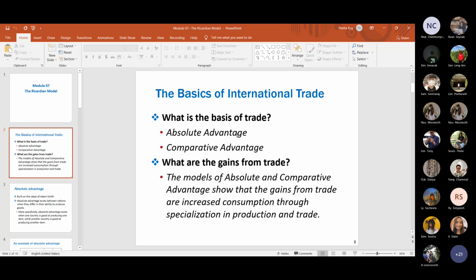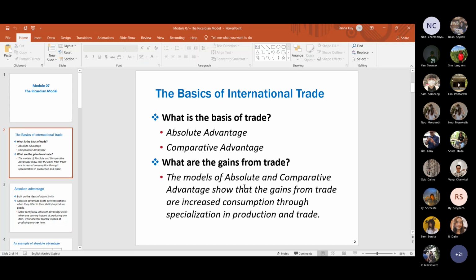Absolute advantage means the advantage that the country has. We can discuss this in the next slide, but these are the basis of trade. And what are the gains from trade? We are also going to look at this.